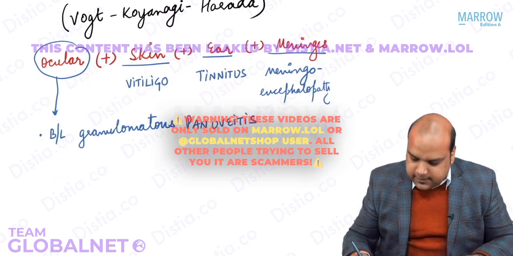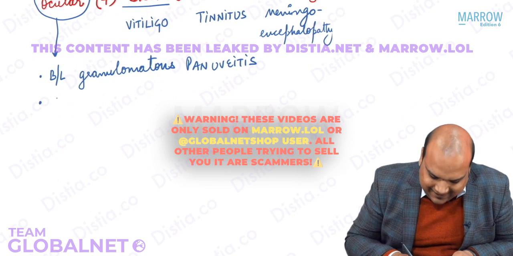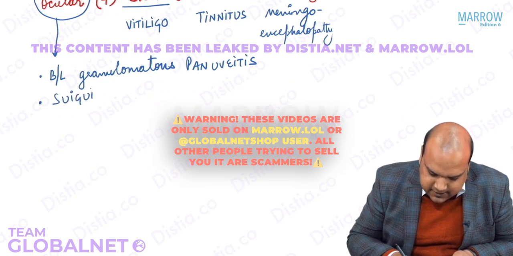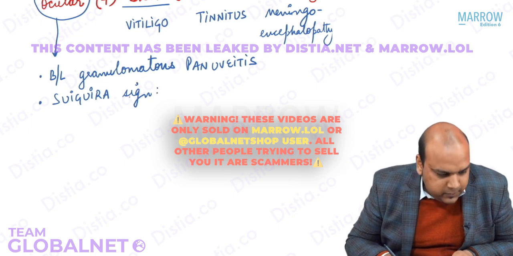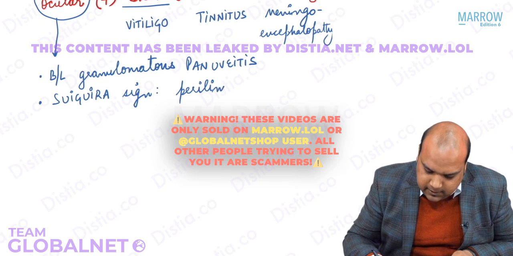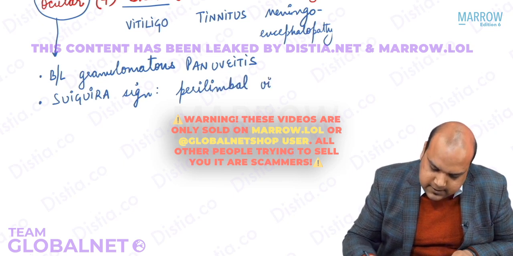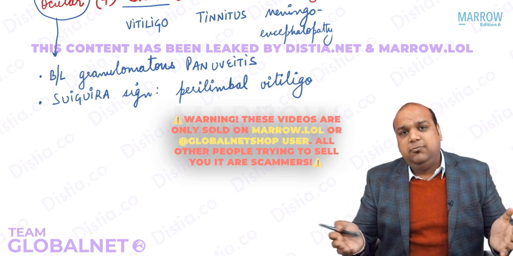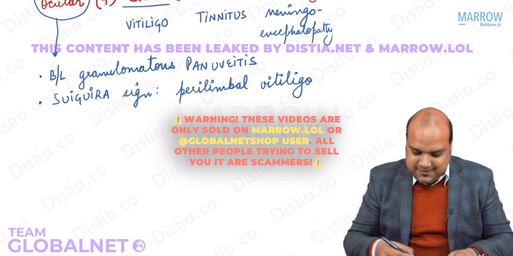No confusion about this here? Then, secondly, it presents with a characteristic sign which is known as Sugiura sign. Okay? What is Sugiura sign? Perilimbal. Around the limbus, we see vitiligo, white spots, depigmented lesions.